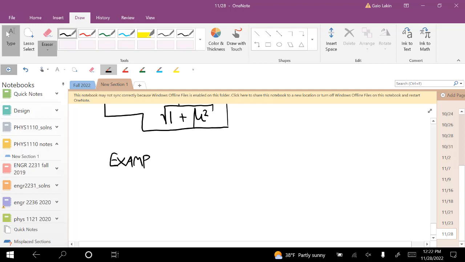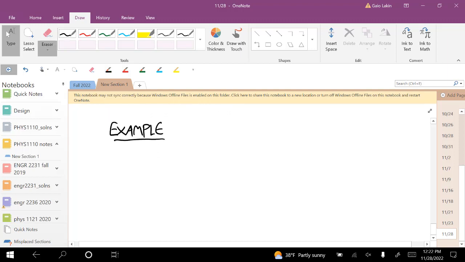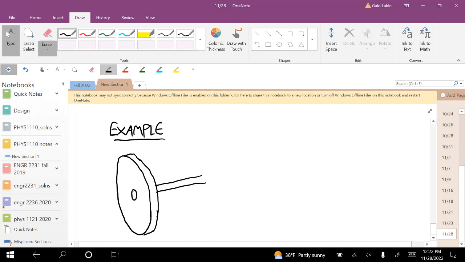So the way this would work is, let's say that you have a wheel and a bearing here, and another bearing here, and then another wheel.